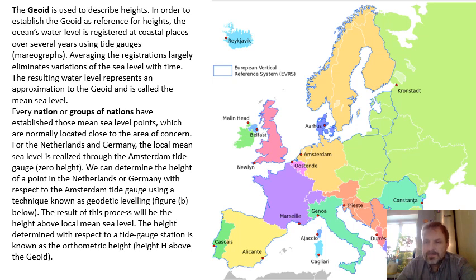Kronstadt, for example, near St. Petersburg in Russia, is the zero level for all height systems.